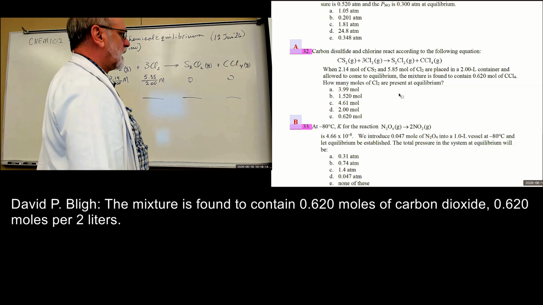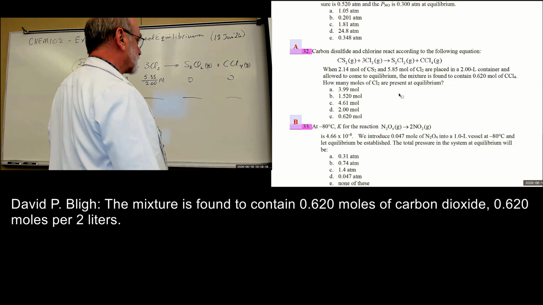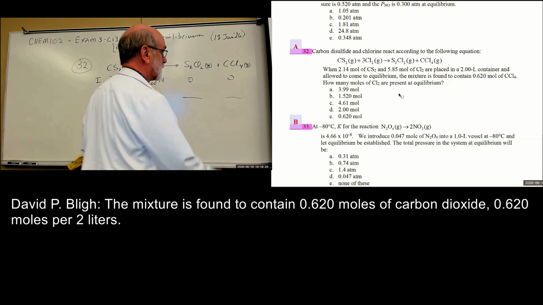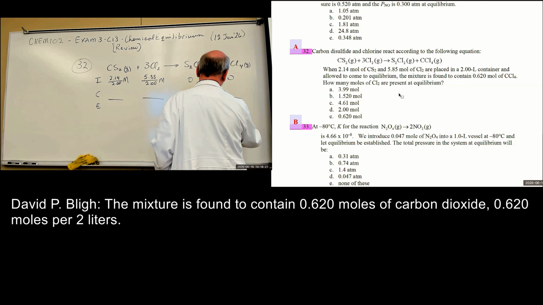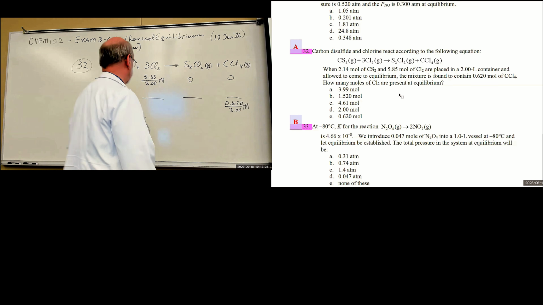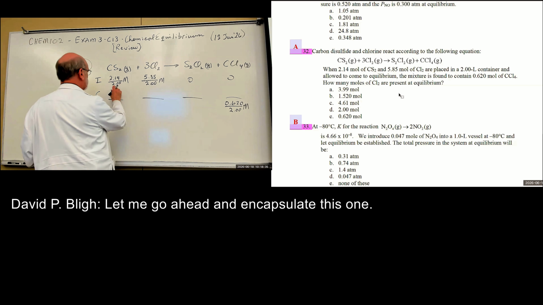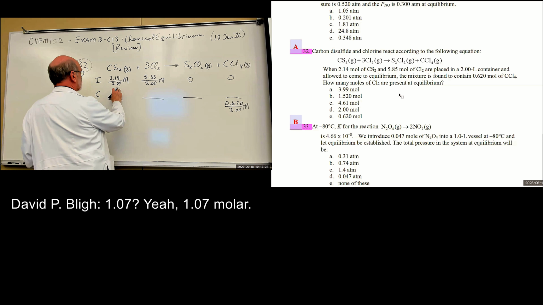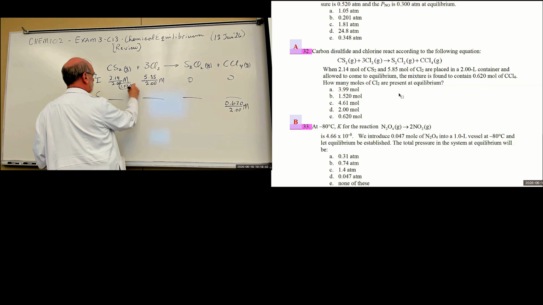And we get a change and we get an equilibrium. The mixture is found to contain 0.620 moles of carbon tetrachloride, 0.620 moles per 2 liters. So that's its molarity. Let me go ahead and calculate this one. 1.07 molar.